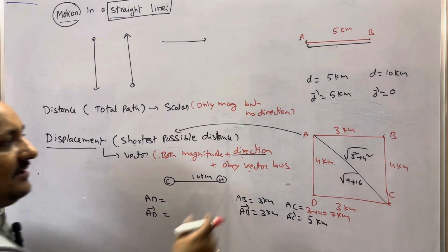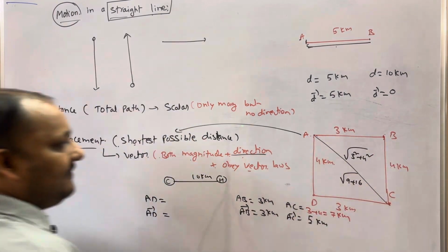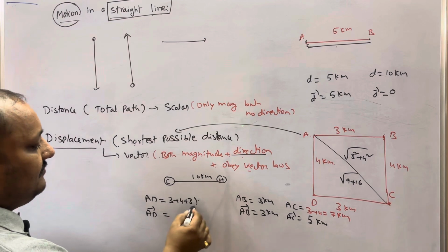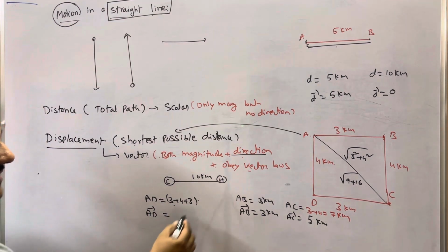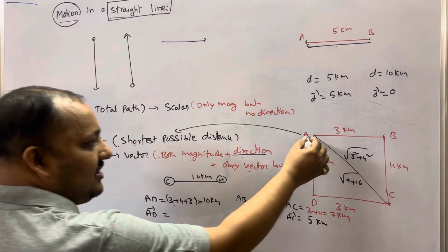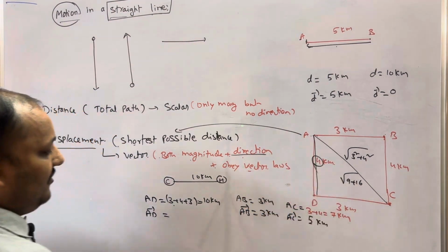Distance is total path. A to B, B to C, C to D. 3 plus 4 plus 3, 10 kilometers, correct? Displacement is the shortest possible distance. This is nothing but 4 kilometers.